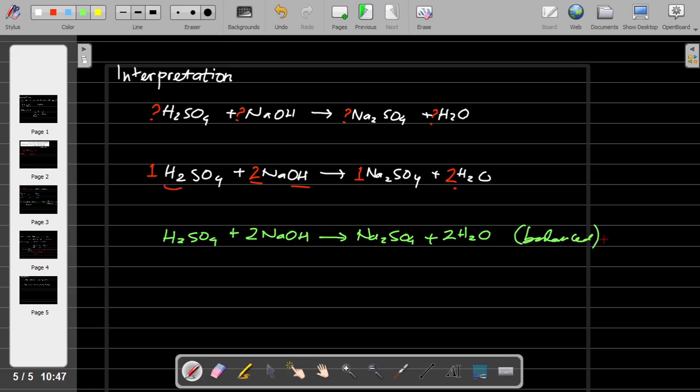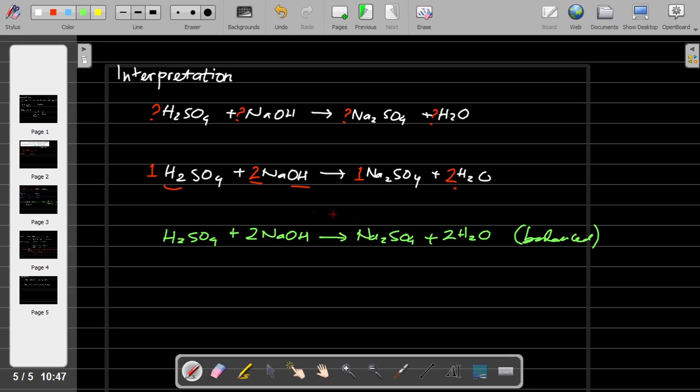Now, what can we interpret after we have balanced an equation? Actually, the coefficients can be used to predict how much of certain things we need to make certain things.